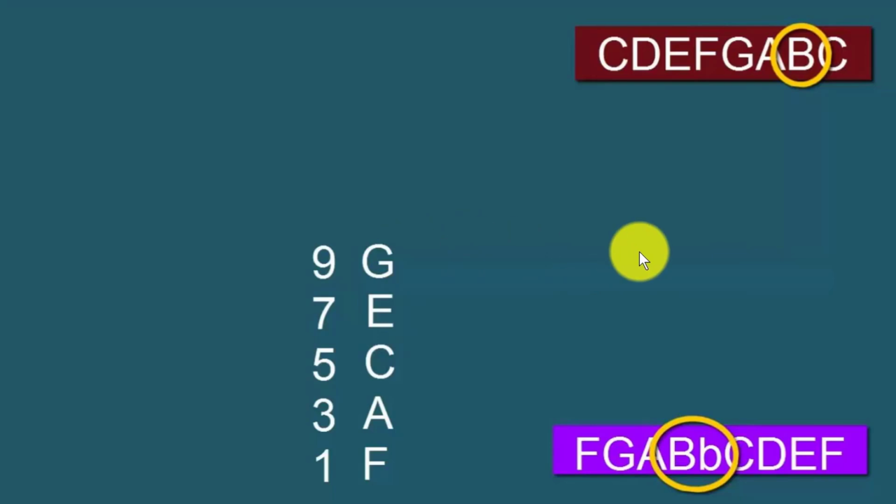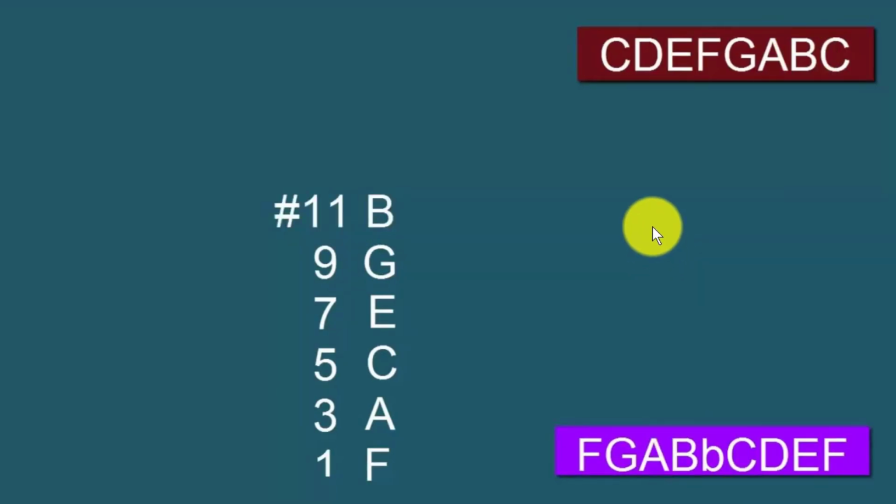So let's put that in and see what happens. Okay, so I've put this sharp 11 in, this B, and as you can see, it is a full tone above that A. So the 11th tension on an F major chord in the key of C major, or the 4th chord in a C major scale, is a sharp 11.